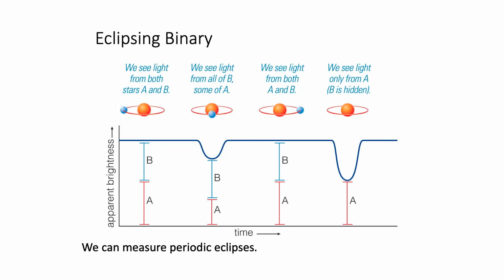Let me open this up and I'll screen share it very quickly. While I'm pulling that up, this kind of star system, this eclipsing binary, is when we are observing the two orbiting stars along the plane in which they're orbiting each other.